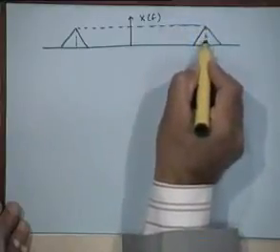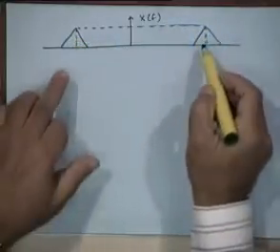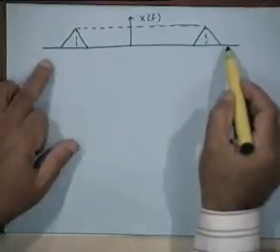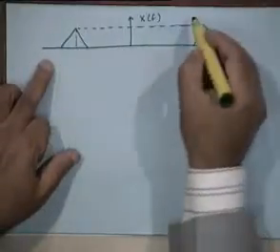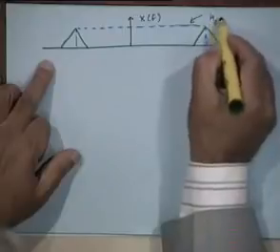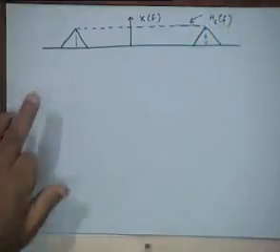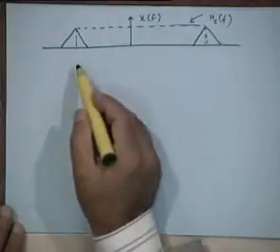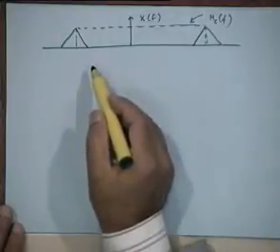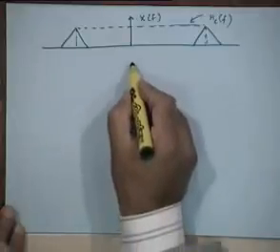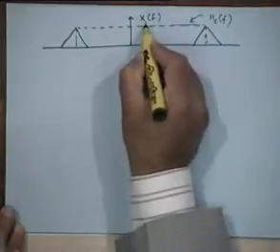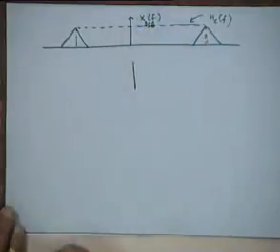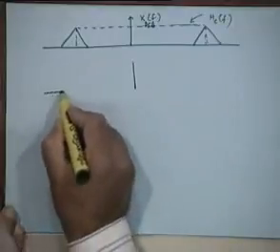So I must multiply the message spectrum, which looks like this, with, let's say, the transfer function of an ideal low pass filter which looks like this, and that will give me the lower sideband signal. So this is X DSB in the frequency domain.